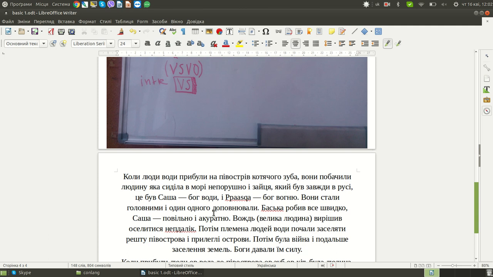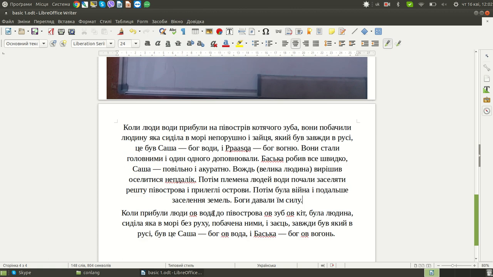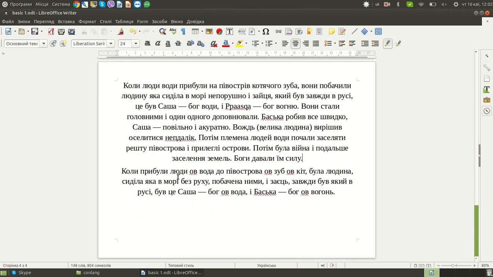So I'll read you the story, and I started to translate it from Ukrainian to the Ukrainian language, but with the syntax of this particular language, and I'll read it for you like in this form.